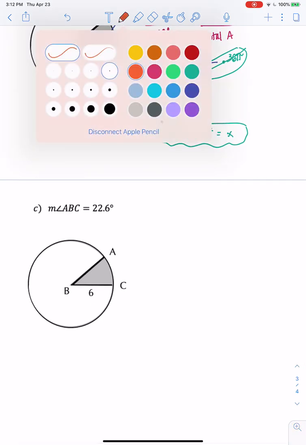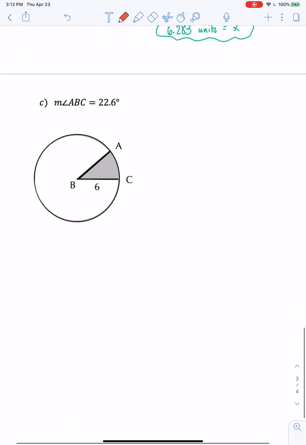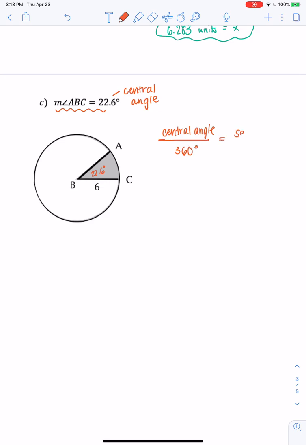Here we've got an example of another circle. It tells us that the measure of angle ABC is 22.6, so we'll plop that in there. So we know that this is our central angle, and we want central angle over 360 degrees, total degrees, is equal to sector area over total area.